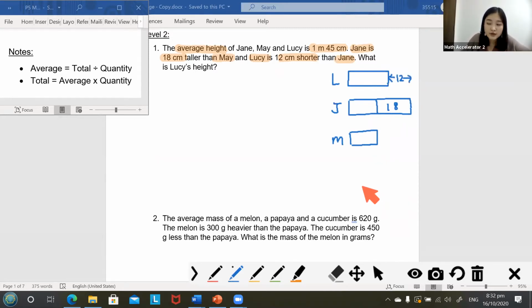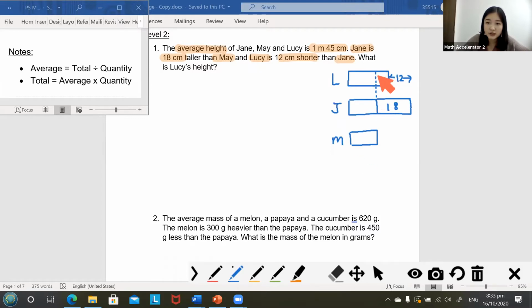Right, so how else can we make the model look more complete? This 18 here, there's a 12 here. And what can I do? I can dissect this part here, because I would want these parts here to be equal units, for us to carry on with the question. So you cut it up here.